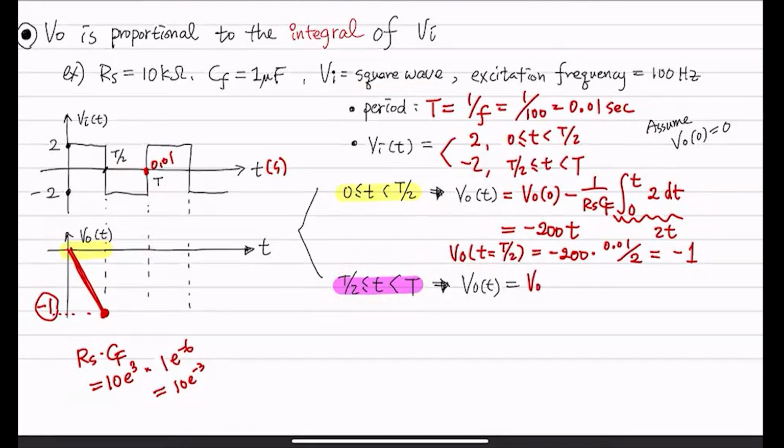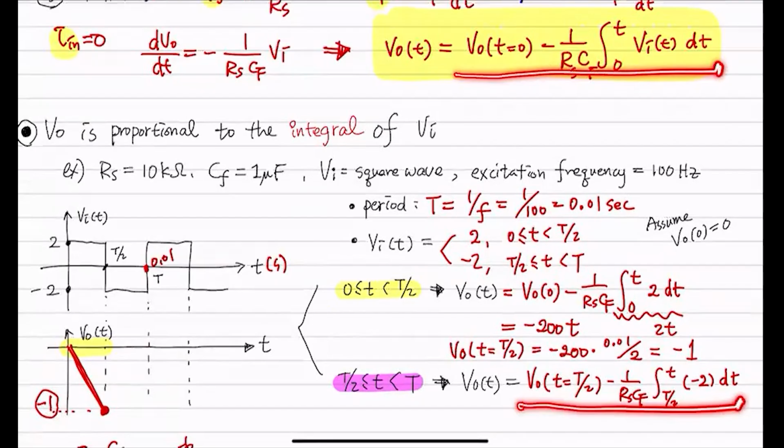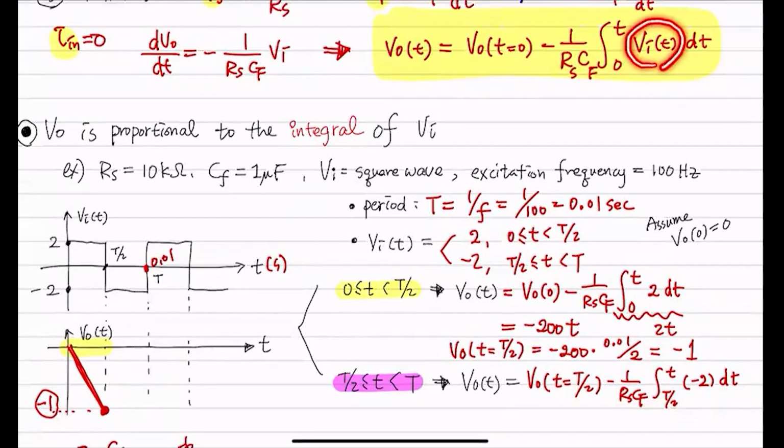Then what you do is V out, your initial value is not 0 anymore, but we use the value at t over 2, and then minus 1 over RsCf times the integral from t over 2 to t of negative 2 dt, because Vin is negative 2 for this purple time frame, since your input is negative 2 in this period.